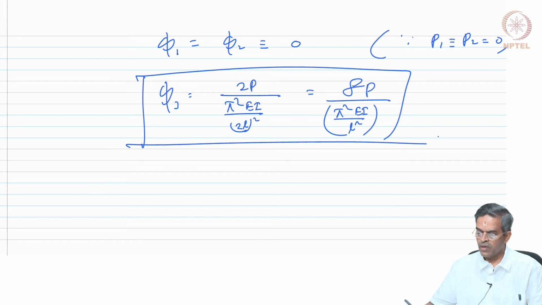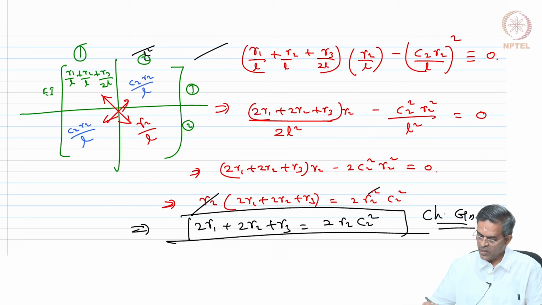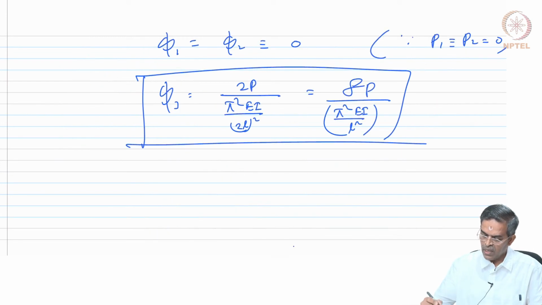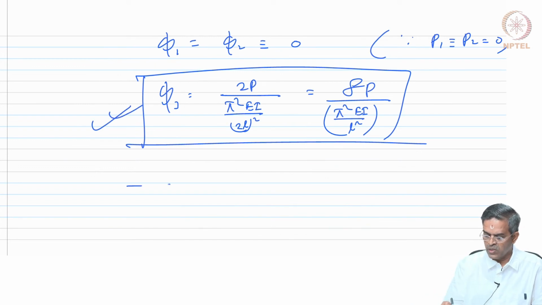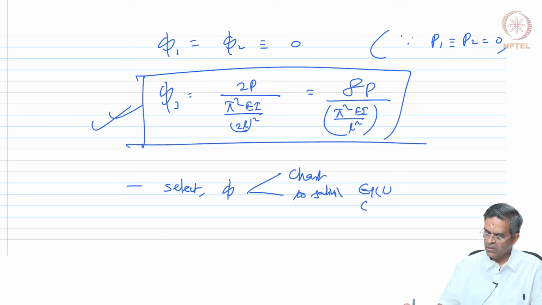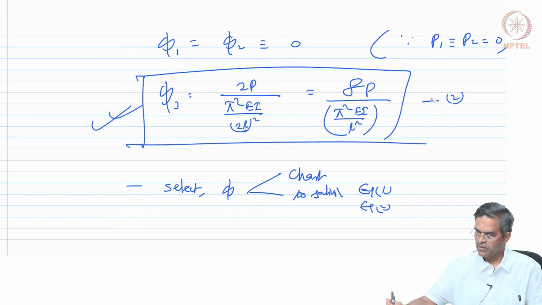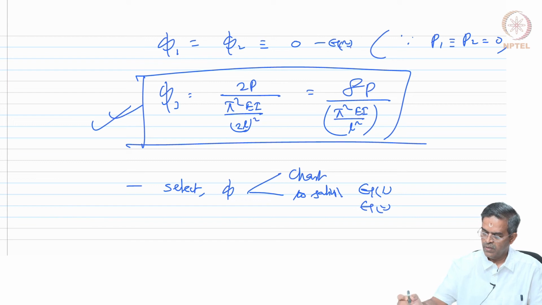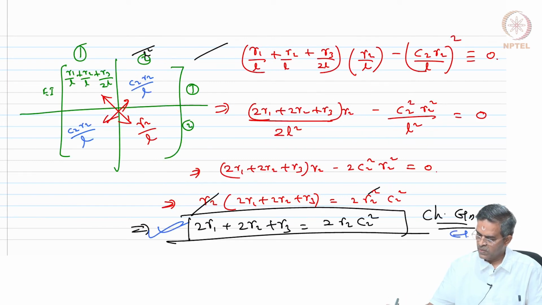Okay. So, I have got two control equations now. One is the characteristic equation, other is this relationship. I must now select phi in such a manner from the chart to satisfy equation 1 and equation 2. This is equation 2, sorry, and equation 1 is this.